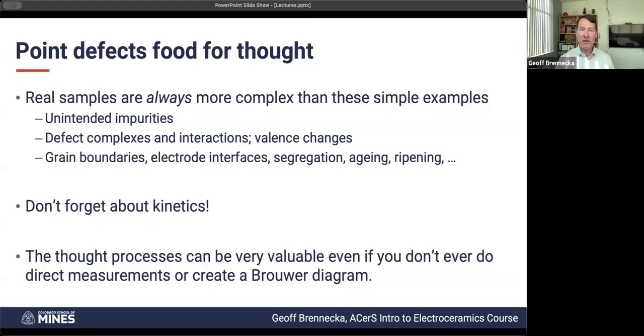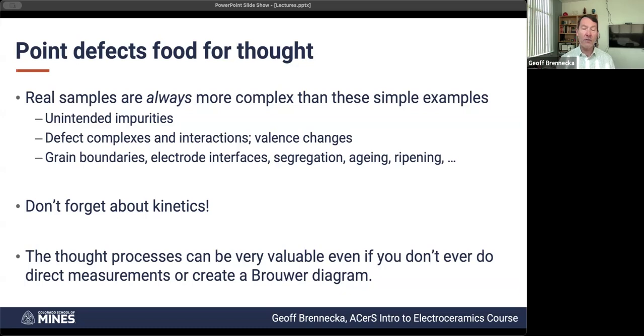We'll talk a little bit about polaron hopping later on, but that's an example where you can have a low mobility electronic contribution to conductivity because of hopping between those different valent cations.